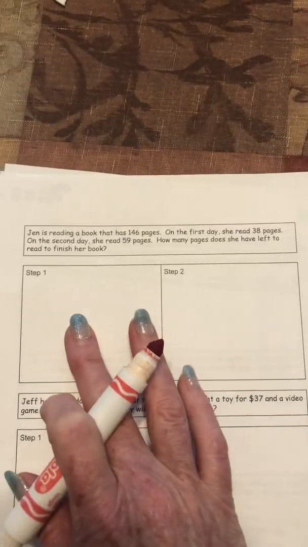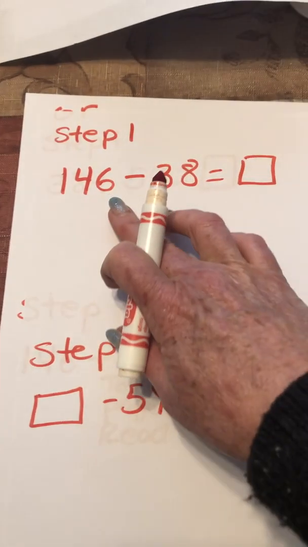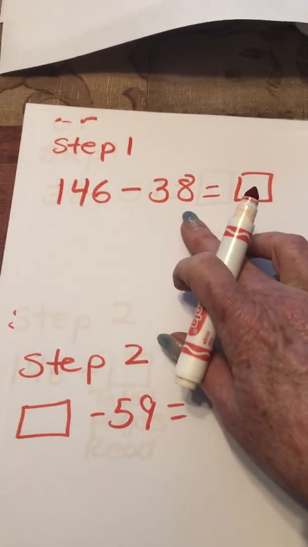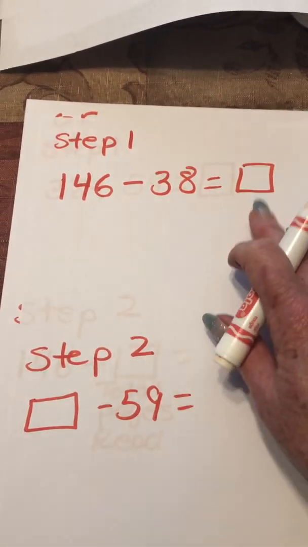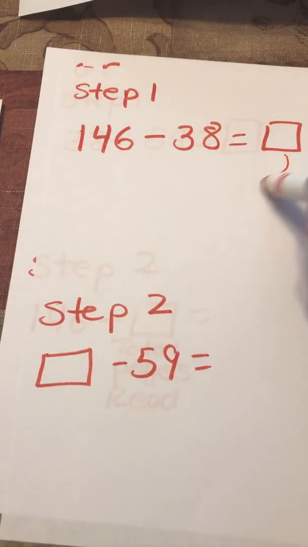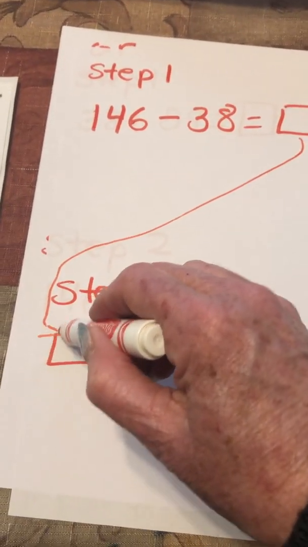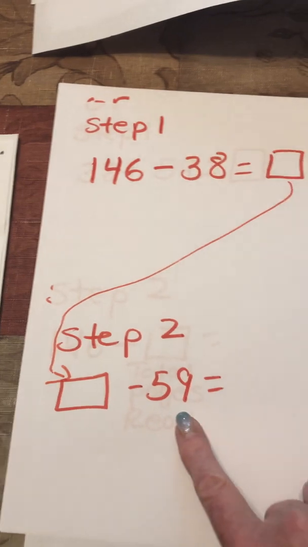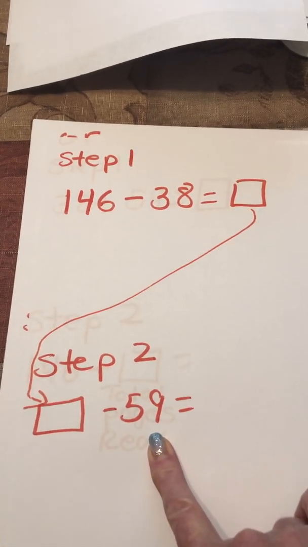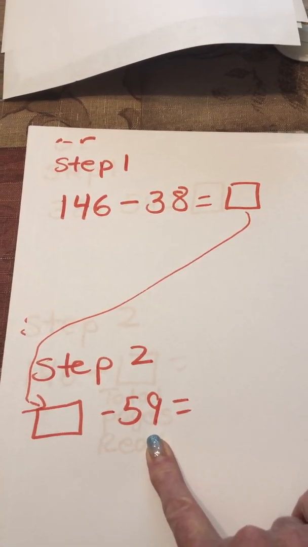And it's a 2-stepper. You can do it this way. The total number of pages minus what she read on the first day equals this, and then you take that and you put it down here and subtract the second day. That's one way.